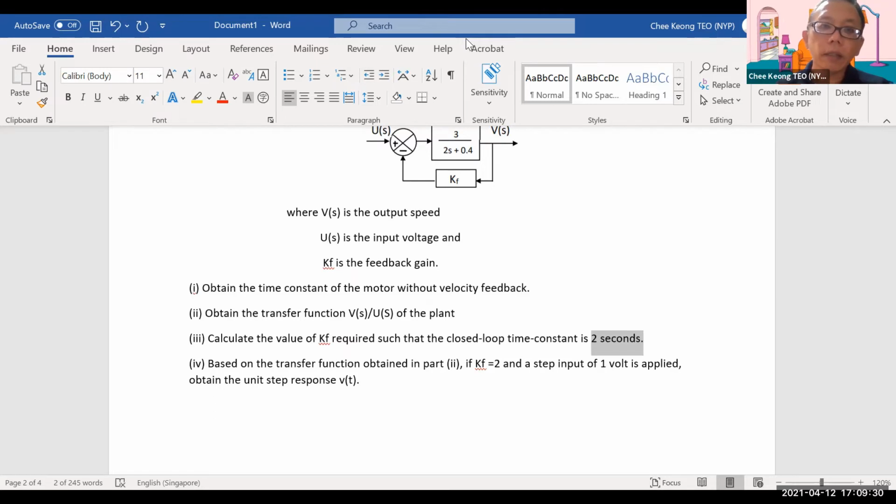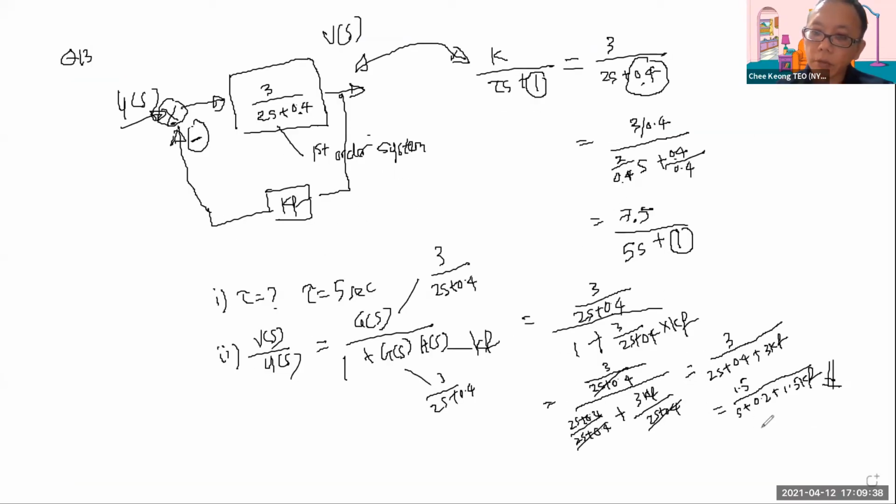So let's look at the equation that we solved so far, and let's share the whiteboard again. This is the final equation that we shared just now. It's still basically first order, because the s is still to the power of 1. For first order, you compare to k over tau s plus 1.